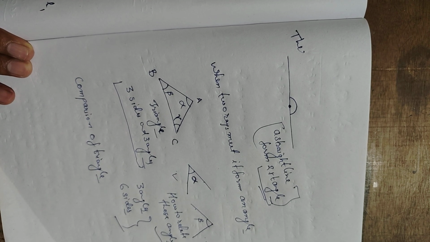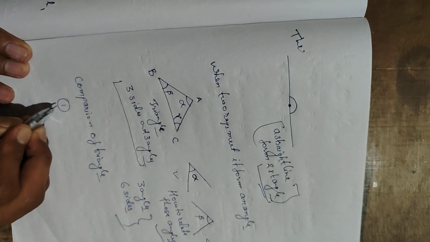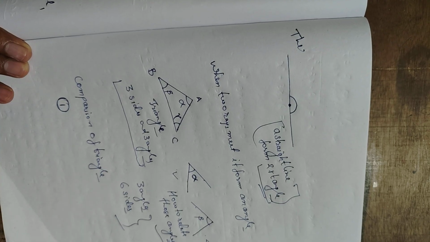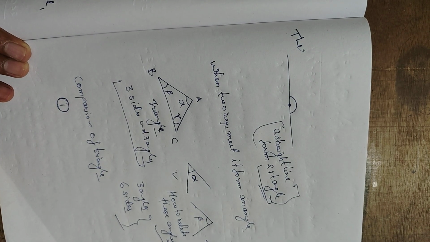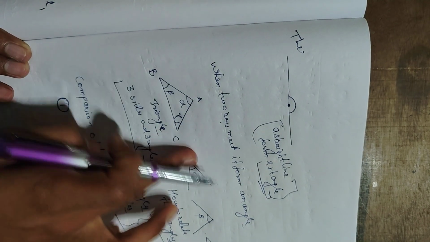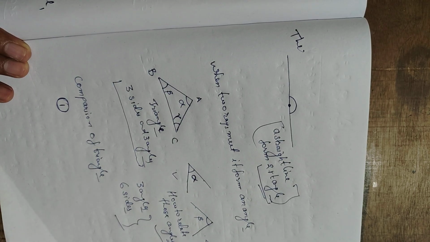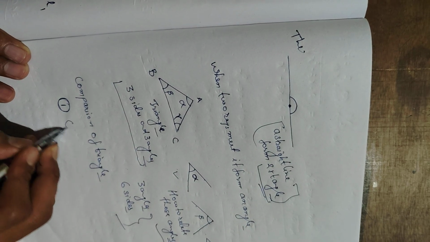The first case would be two triangles that are actually the same as each other. That is called congruence.